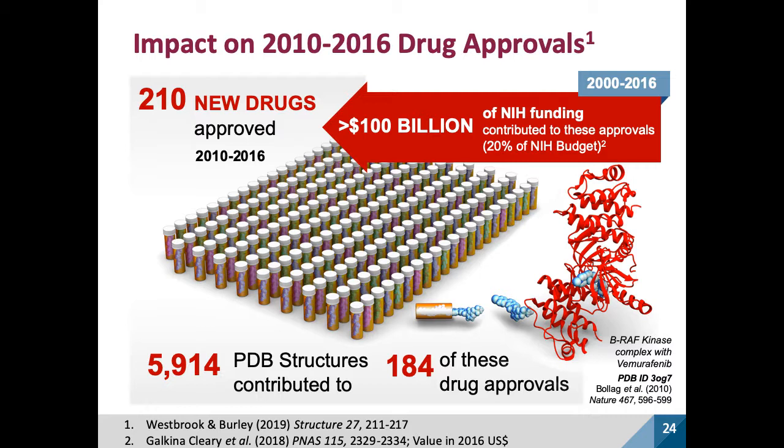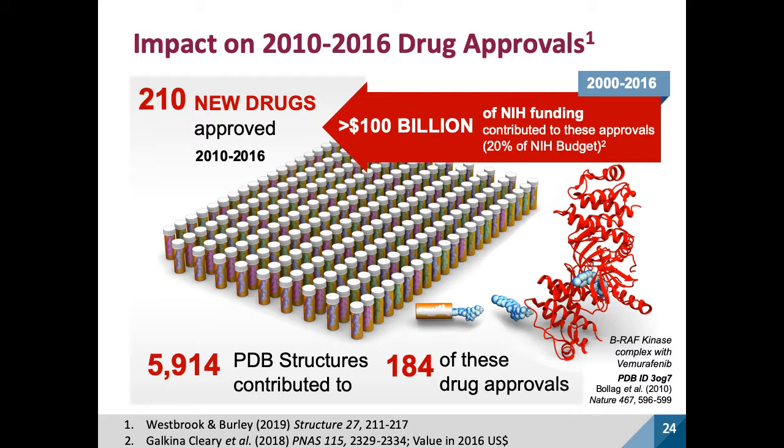And we asked a very simple question, which is, what fraction of those actually would have been impacted by PDB data? And what we're able to show is that 184 of these 210 new drug approvals had their target structures in the PDB, most of them more than 10 years before the drug was approved.